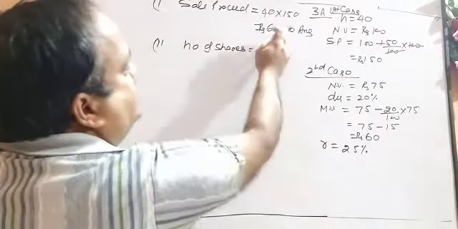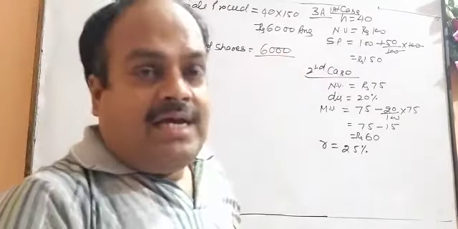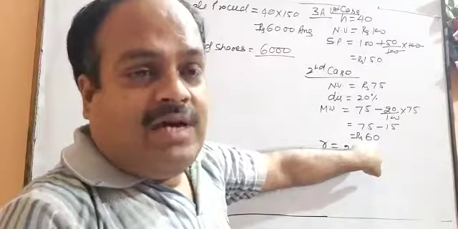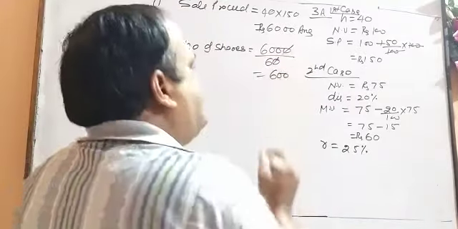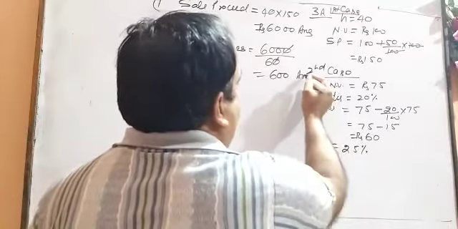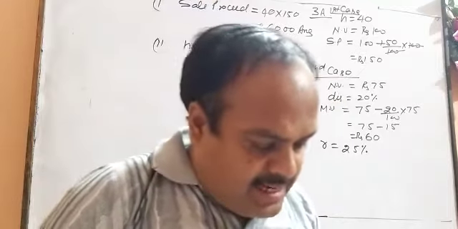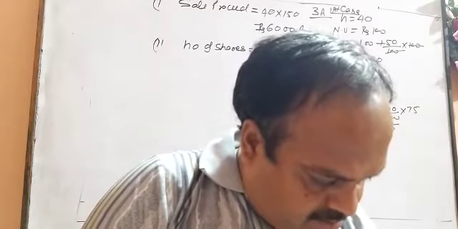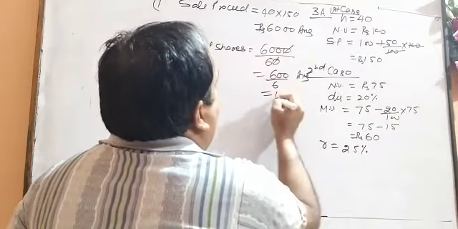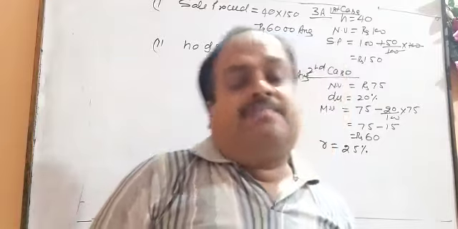She invests 6,000 rupees divided by the market value of one share, 60, which gives 100 shares. Another part: the annual dividend from these shares.